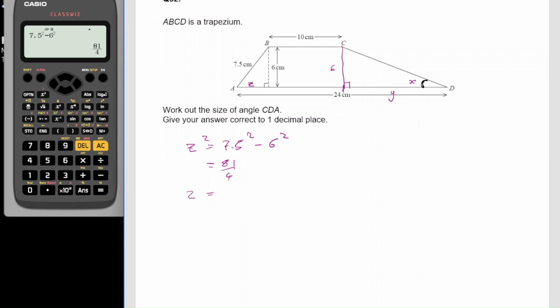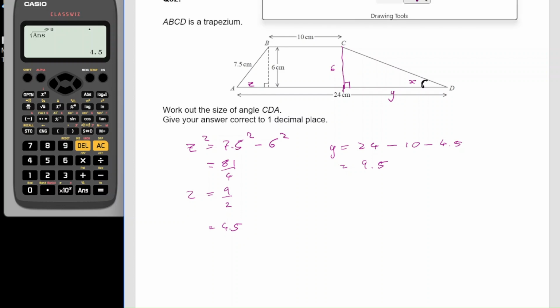So when I square root it, Z is going to be equal to 9 over 2, which is 4.5. So y is going to be equal to 24 minus 10 minus 4.5. That would be equal to 9.5.